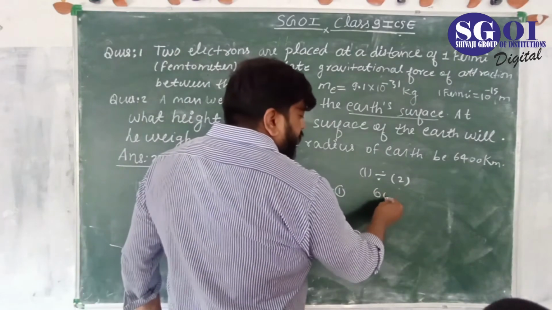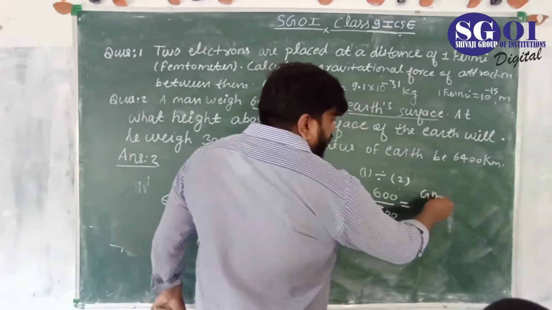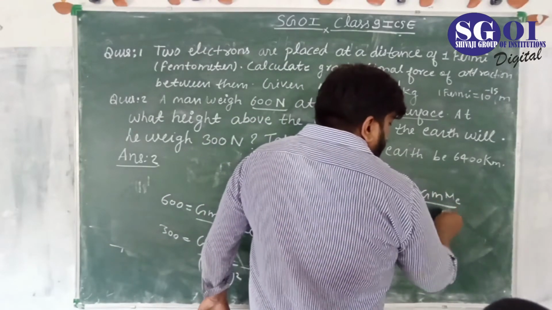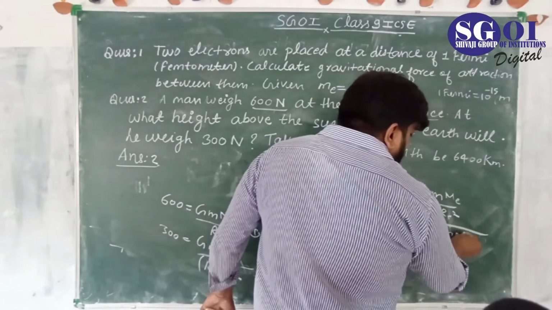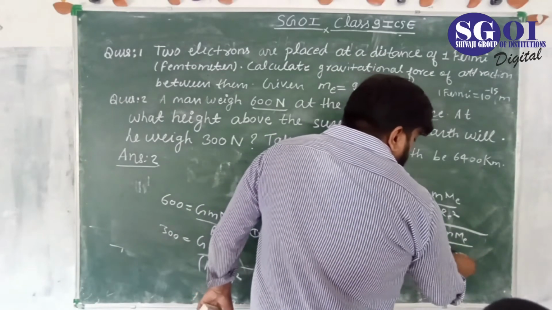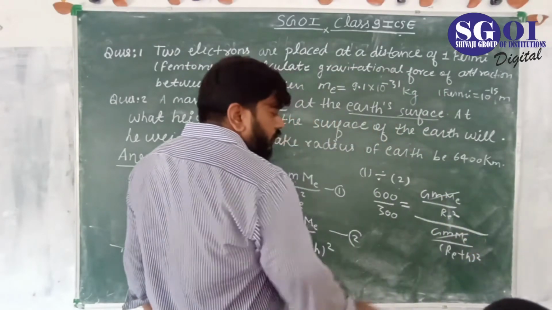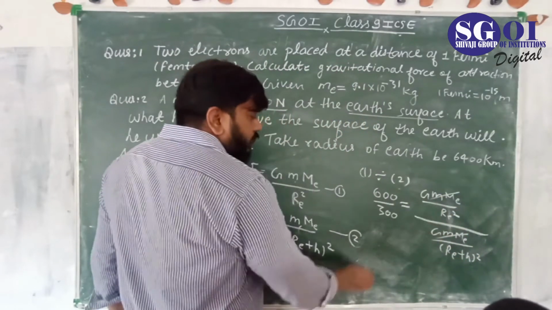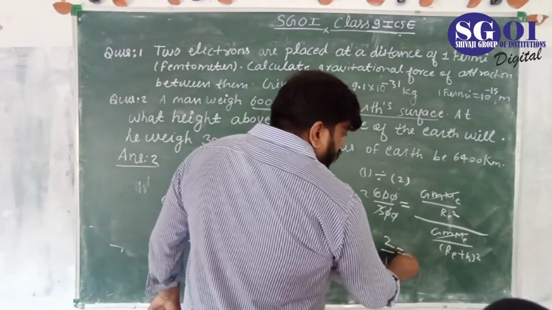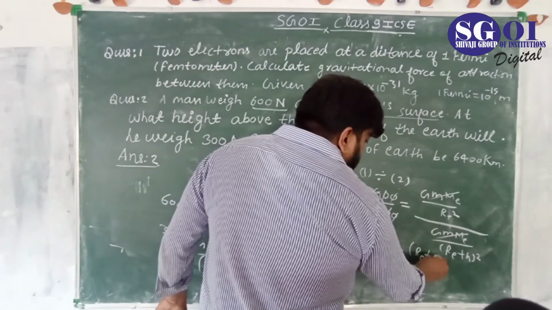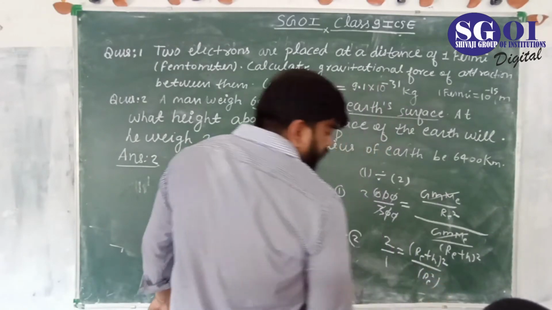So it would be 600 upon 300 equal to G M Me upon Re square, whole upon G M Me upon Re plus h whole square. So this term cancels out. This would go in the numerator and this in the denominator. 600 upon 300 is 2 upon 1, equal to Re plus h whole square upon Re square.